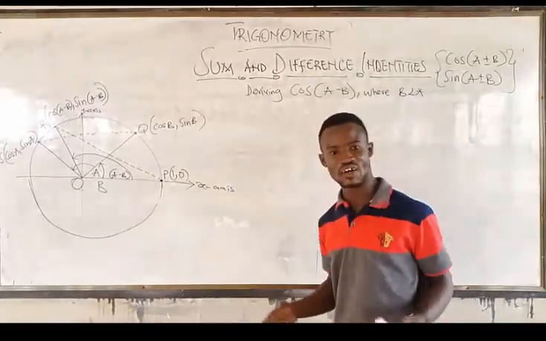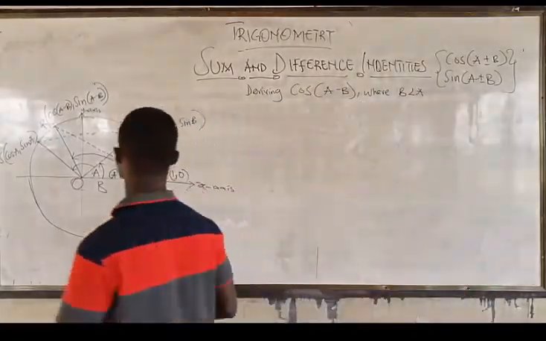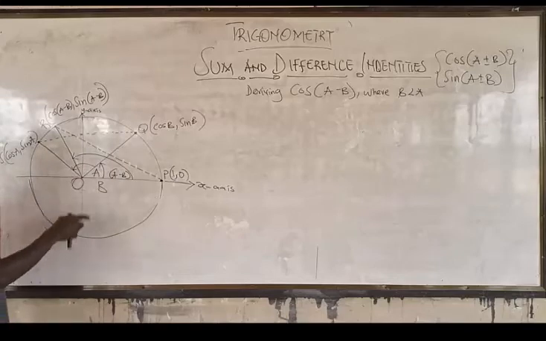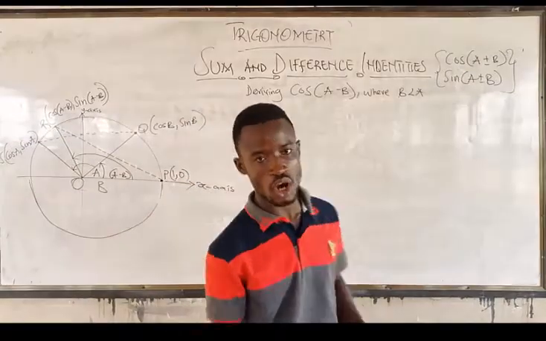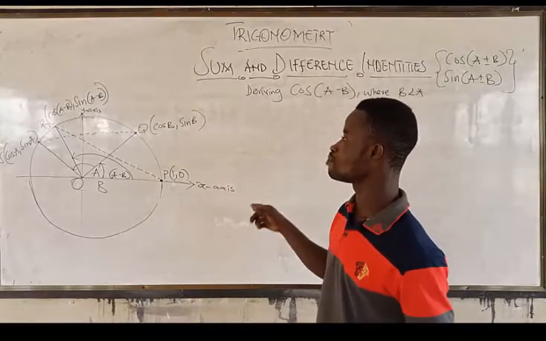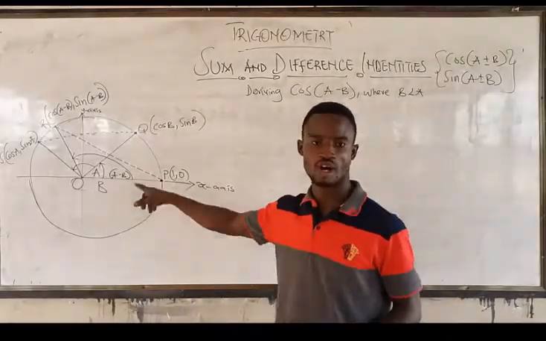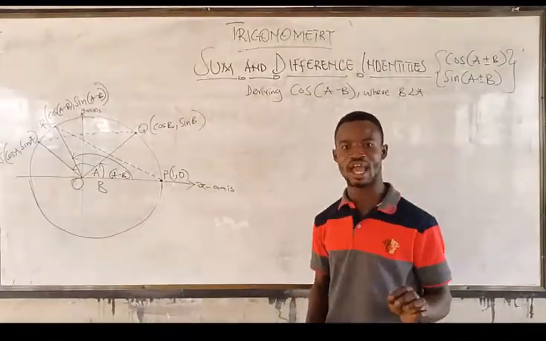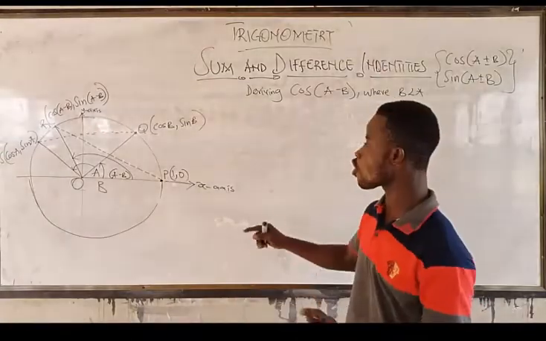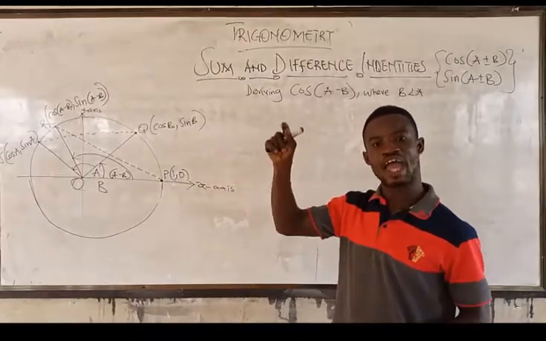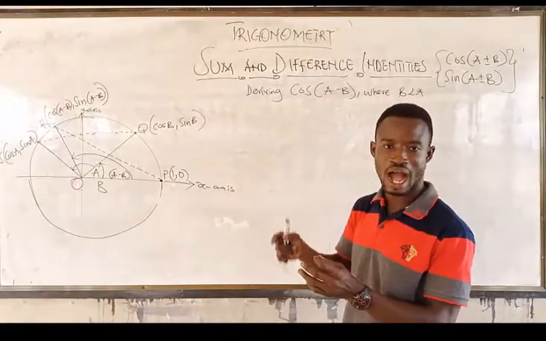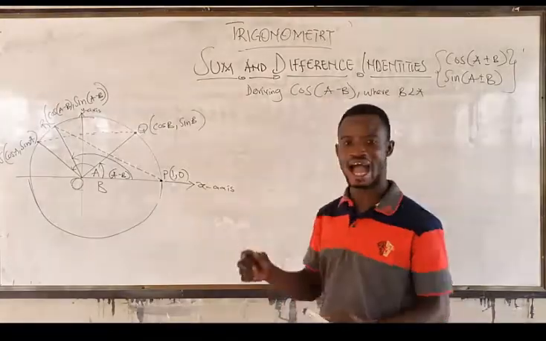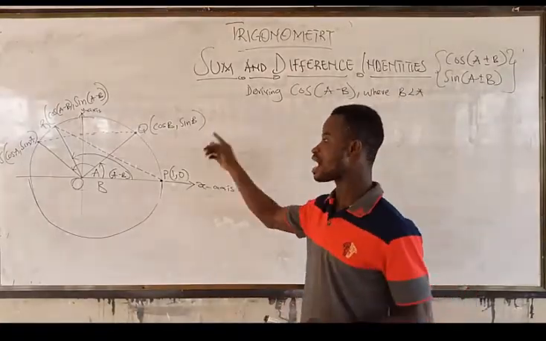So we can say that the angle SOQ, that is this angle, is also equal to A minus B. So since the central angles SOQ and POR are equal, note that they are the central angles, and these angles are equal.